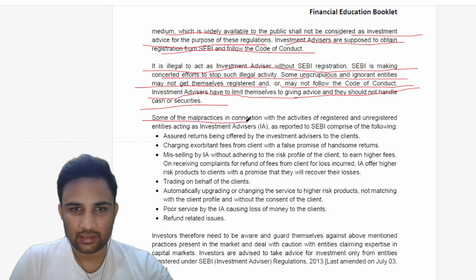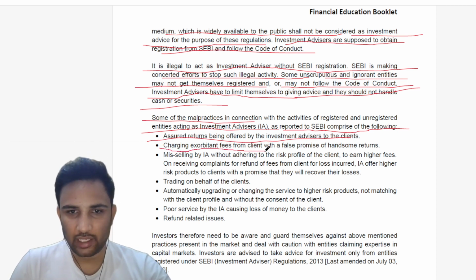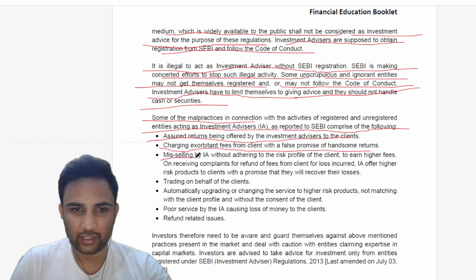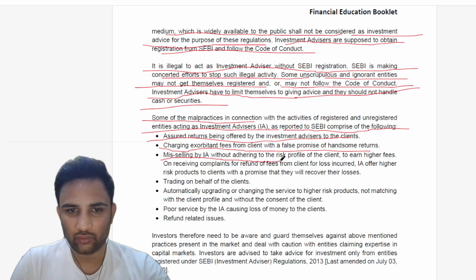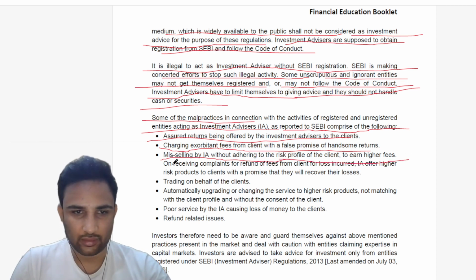Some of the malpractices in connection with the activities of registered and unregistered entities acting as investment advisors, as reported to SEBI, comprise the following: assured returns being offered by the investment advisors to the clients, charging exorbitant fees from clients with a false promise of handsome returns, mis-selling by investment advisors without adhering to the risk profile of the client to earn higher fees.